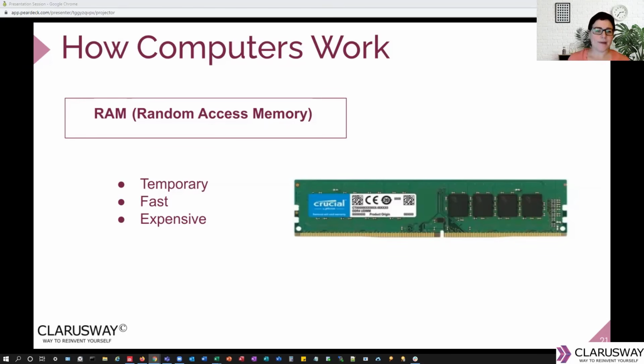Back to RAM. Short-term memory storage is frequently used by programs and instructions to speed up processes, because when you go and access information from memory, say a hard disk, that takes a while. It takes a while to go out, find the hard disk, find the data on the drive, and then retrieve that back to the processor.